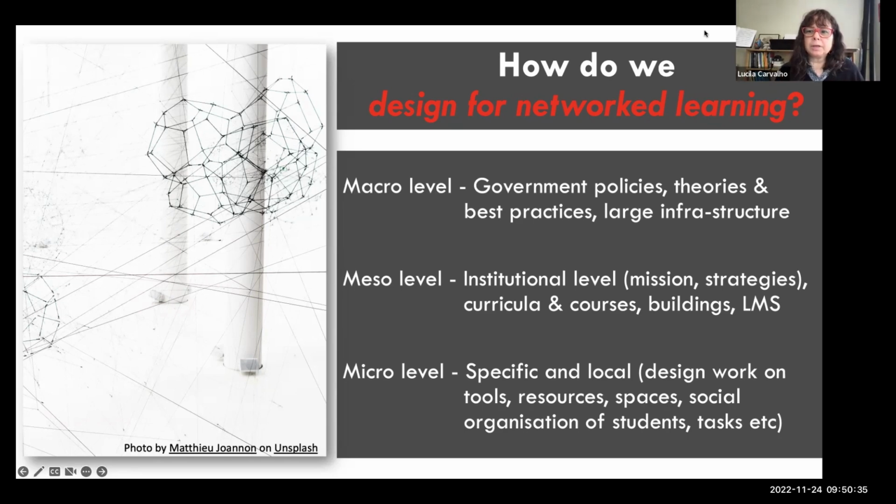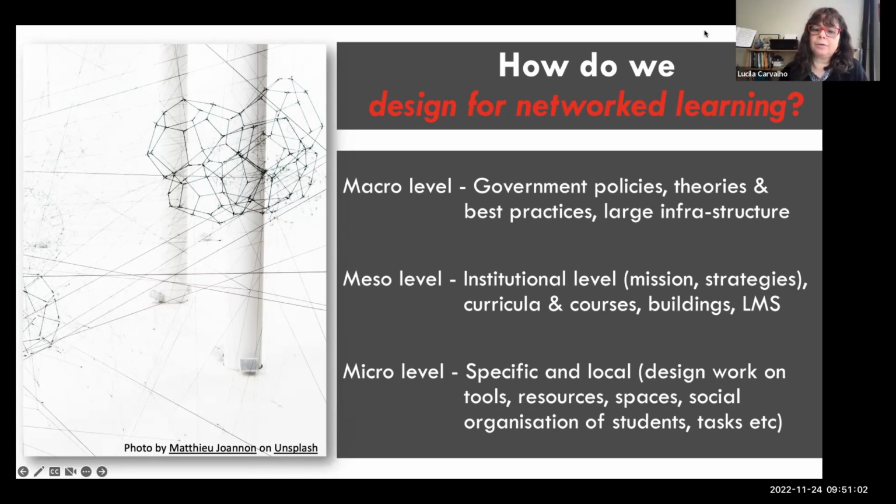You can also think about these issues in terms of the meso level. The meso level is usually the institutional level, so it relates to the mission and strategies of your institution, your school, or your university. It can be connected to issues of curriculum and courses and how they connect to each other, or building facilities or platforms that you use to interact with your learners.